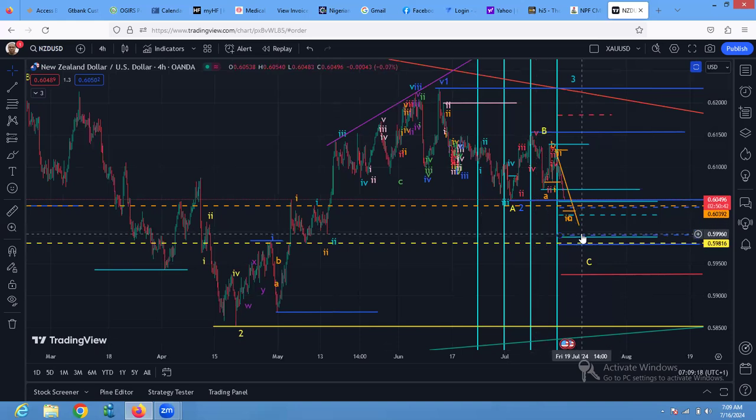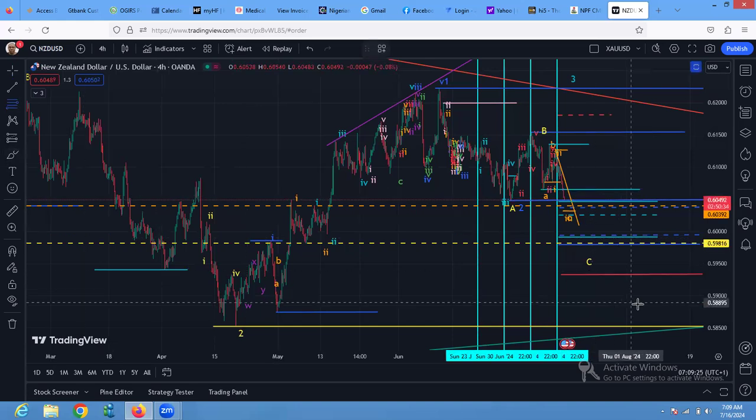And that's the area I see price. This area is 76. Price is not coming to this area. That kind of correction, price is not going to come to that area.